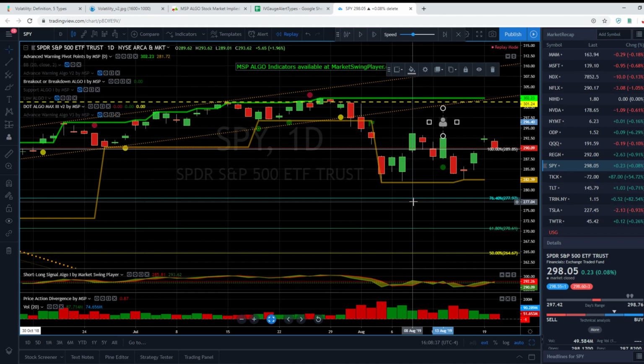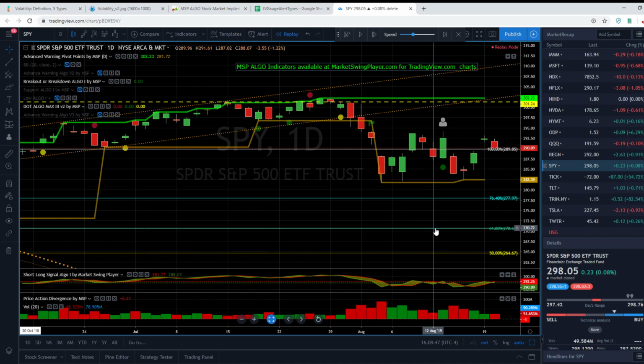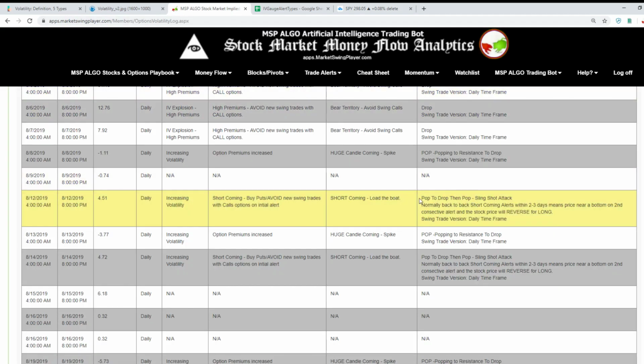So at the end of the day, we shorted before the market closed, because we know it's going to pop all day and act bullish. Because it told us: pop to drop, then pop.